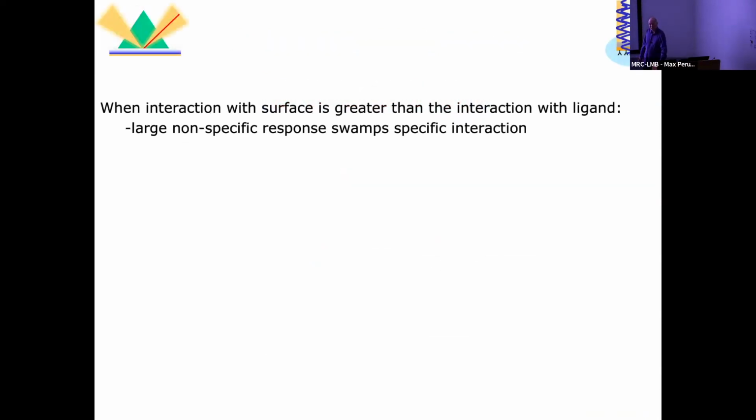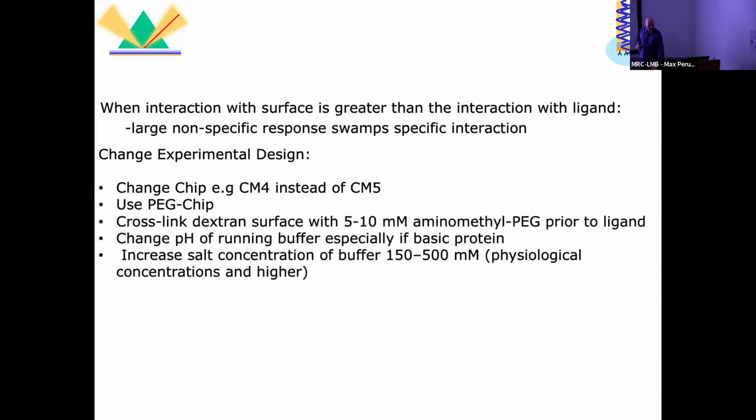Okay, so what do you do if you get non-specific interaction? This is really the killer for lots of these experiments. You can change the chip. Of CM4 and CM5, CM4 has a slightly less dense matrix of dextran. You could use PEG, which is a different type, or cross-link with PEG.